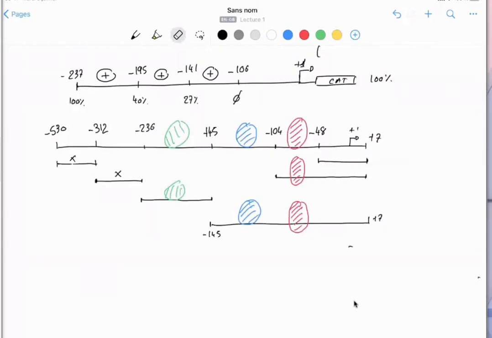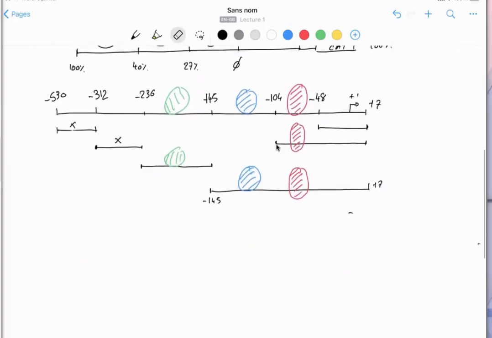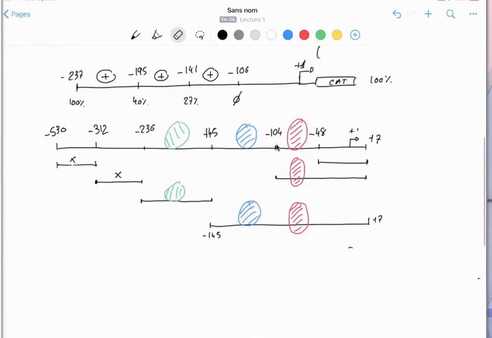Okay. So if you use the fragment 104, I would say it's starting somewhere there.